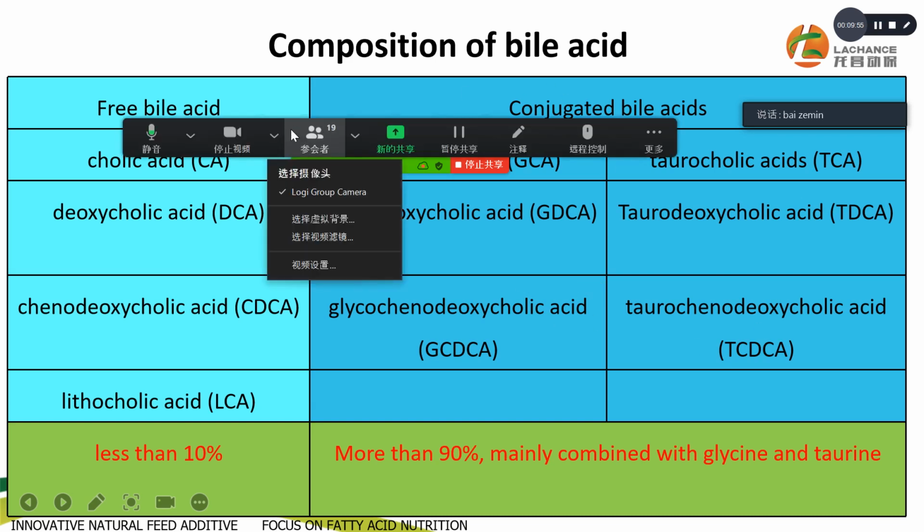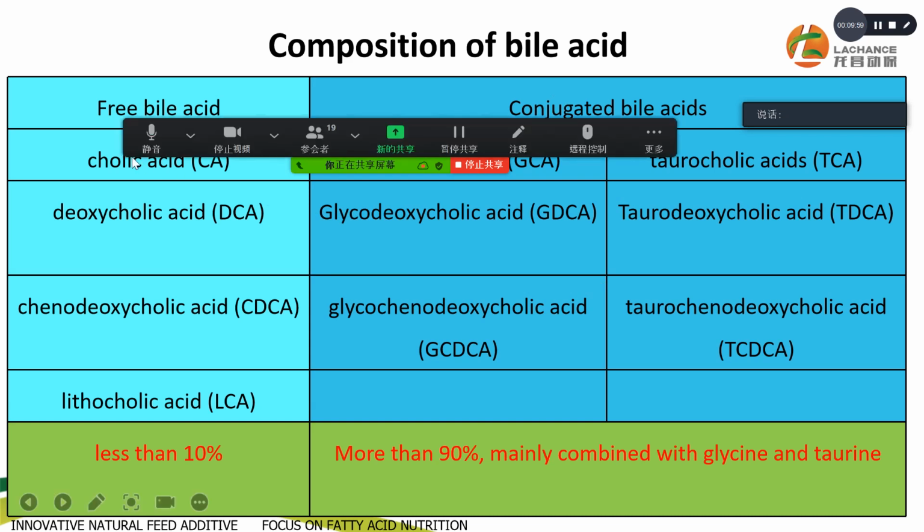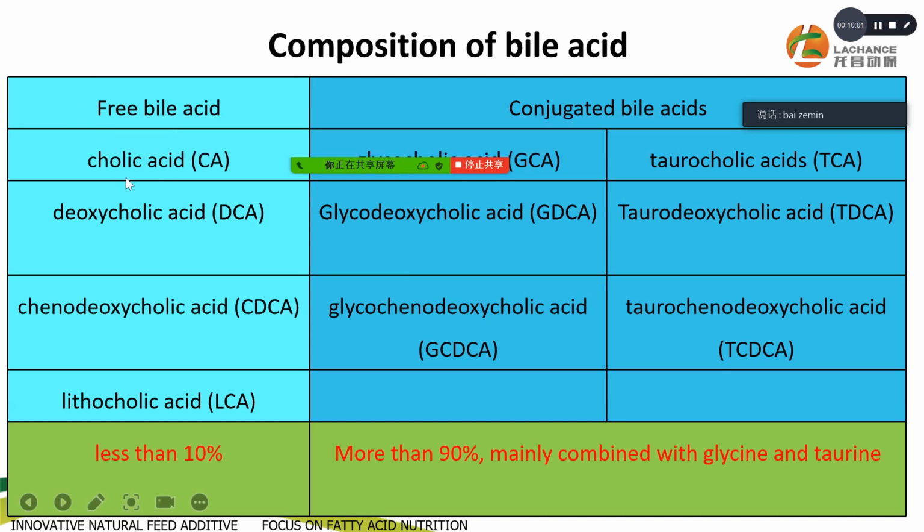For bile acid, there is free bile acid and conjugated bile acid. Free bile acids, such as cholic acid, deoxycholic acid, and chenodeoxycholic acid, are less than 10%.